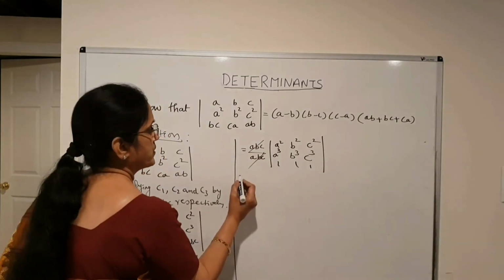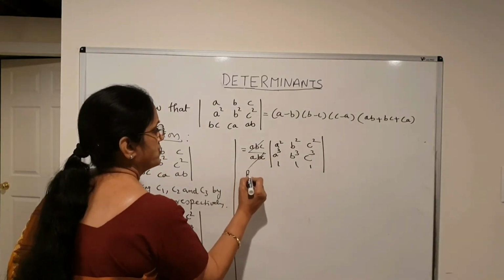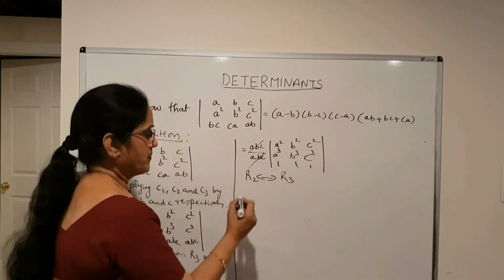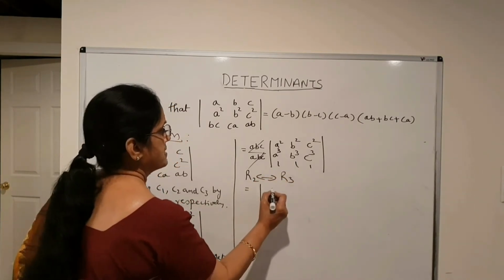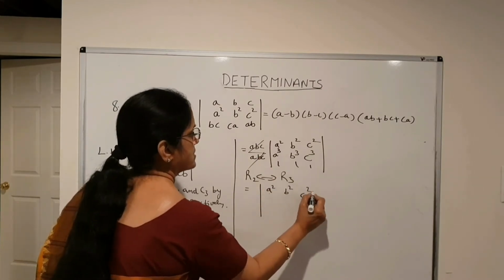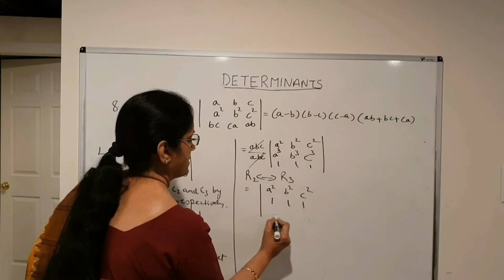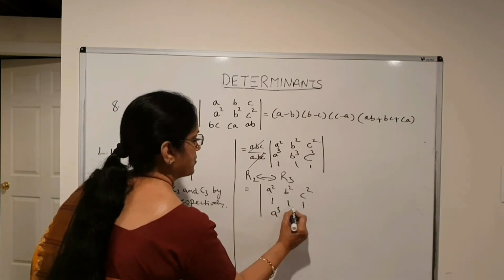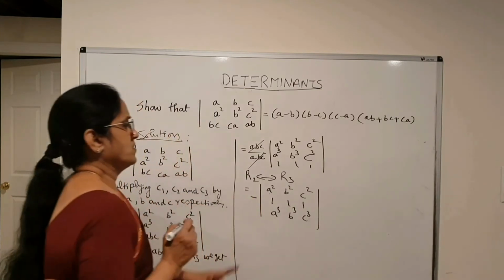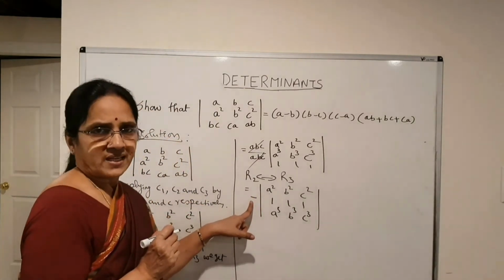So, what I am going to do here is, I am going to shift R2 and R3. I will be getting the determinant as A square, B square, C square, 1, 1, 1, A cube, B cube, C cube. Negative. I told you the value will become negative.